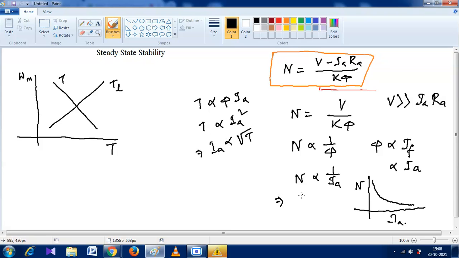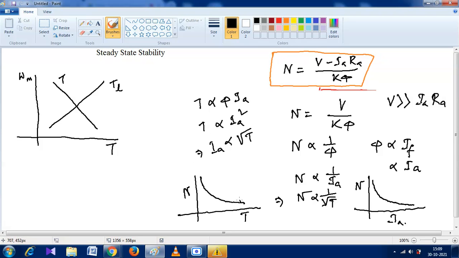So here if we replace, you can say this is root tau. And if you plot this curve also, speed versus torque, this curve is also like that. From that you can say the nature of that curve is like that.